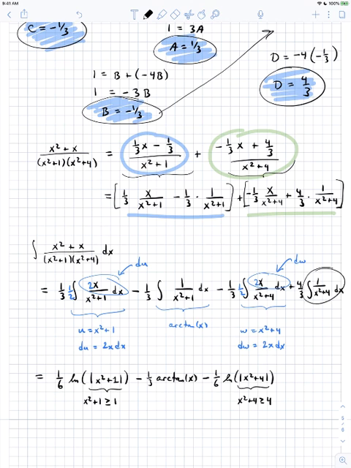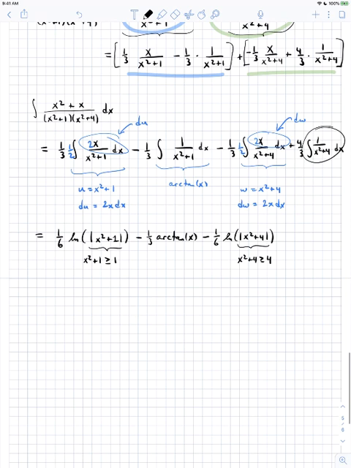Now what about this last one? Well, the last one is also a substitution. Notice it looks a lot like the one that gave us arctangent, and it will give us some type of arctangent, but it's not going to be just arctangent of x. There's going to be a 4 in there somewhere. So let's write this one out in a different color.